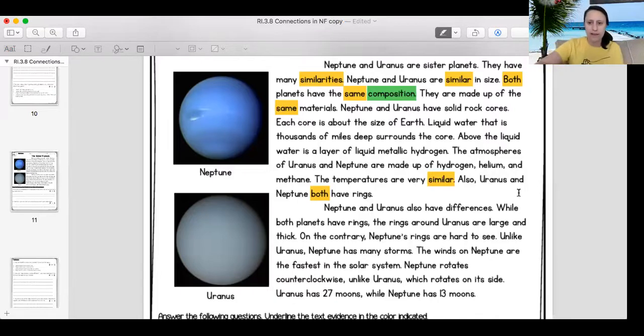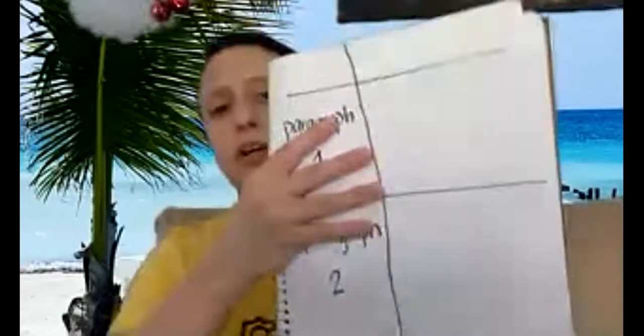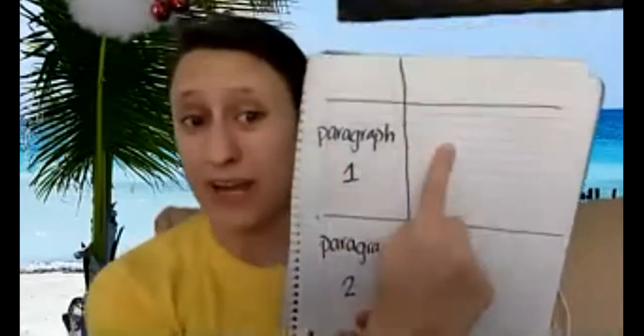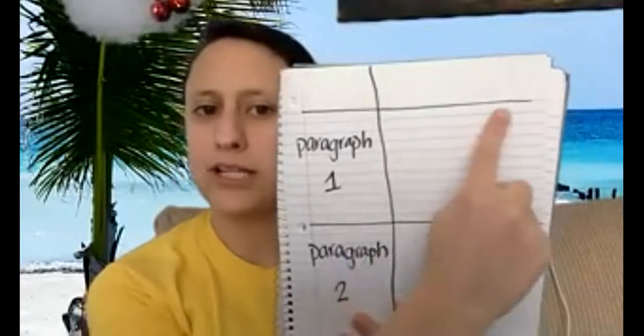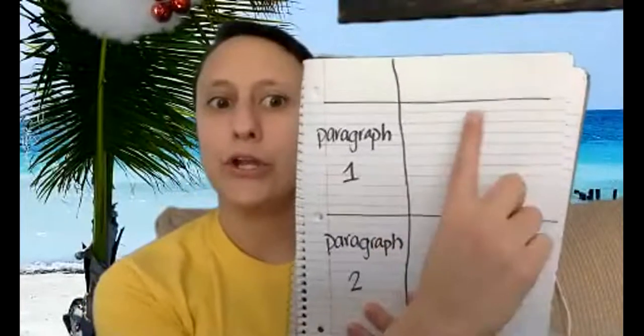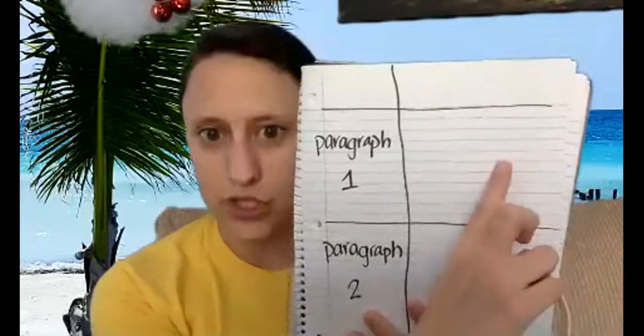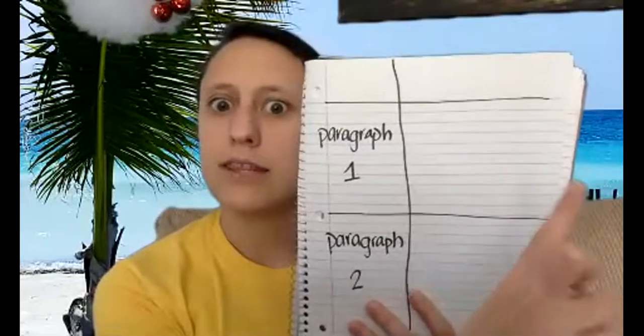So I would like for you, I'm going to stop my screen share so I can show you my 2-column notes. So next to your paragraph 1, I want you to write how paragraph 1 is talking about how Uranus and Neptune are the same. So you're going to write that right there. If you need to pause this video at any time, you can. That way you're not trying to keep up while I'm talking and moving on, okay?